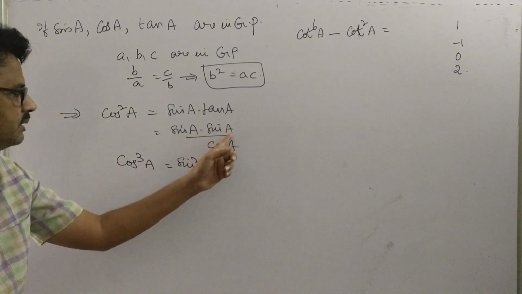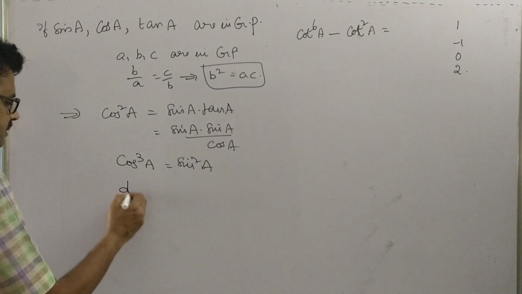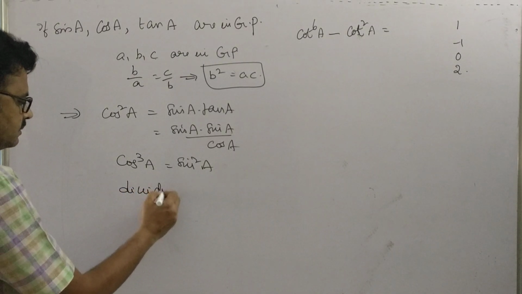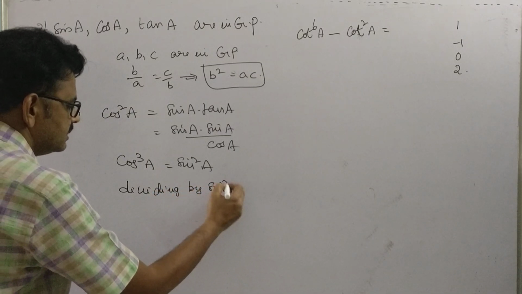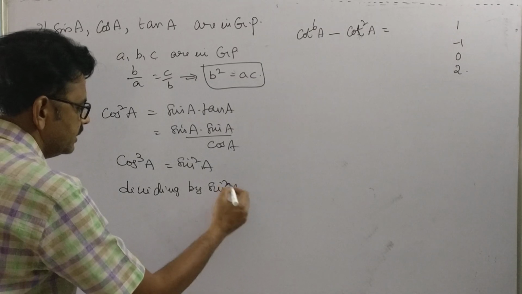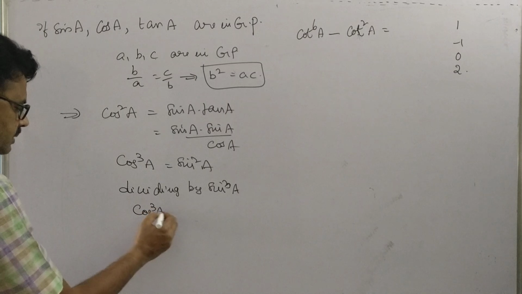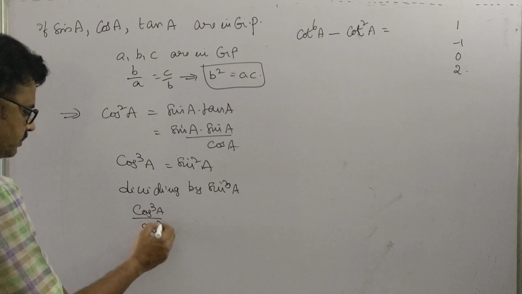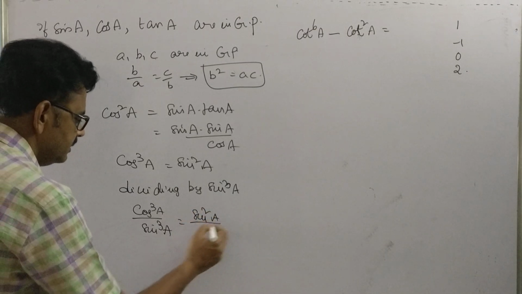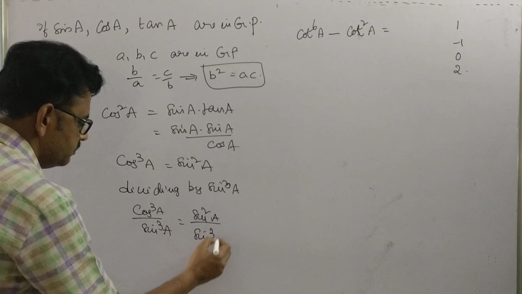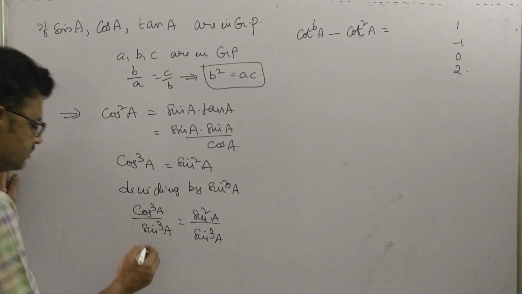Sin A into sin A, sin²A, cos take this side. Now dividing by sin³A on both sides, cos³A/sin³A is equal to sin²A/sin³A. Now cos by sin is what?